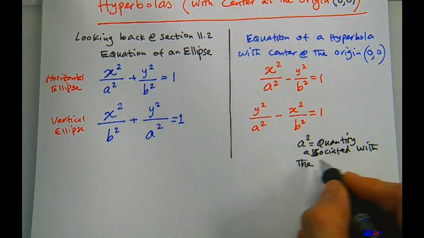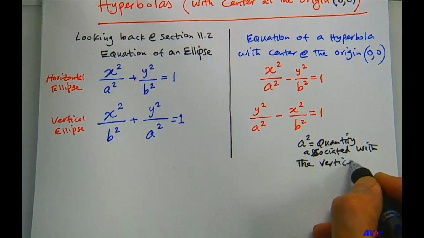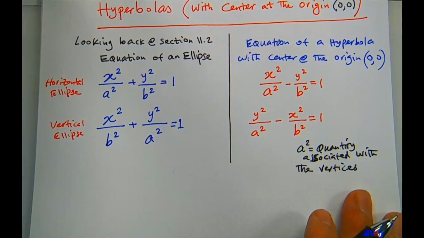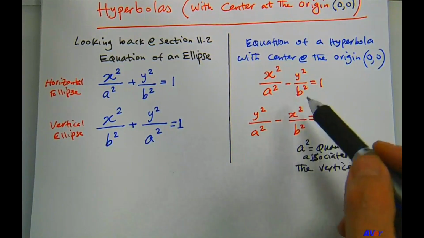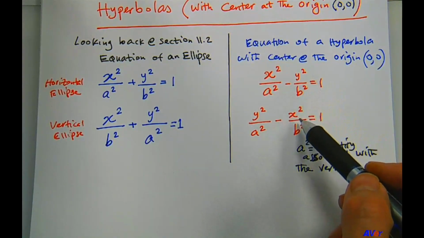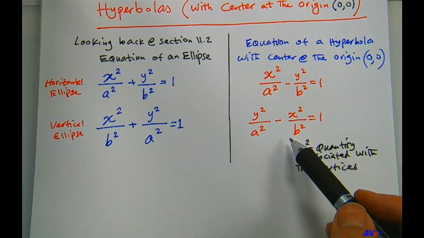The b quantity, which is also squared in the formula, is not associated with any of the vertices.